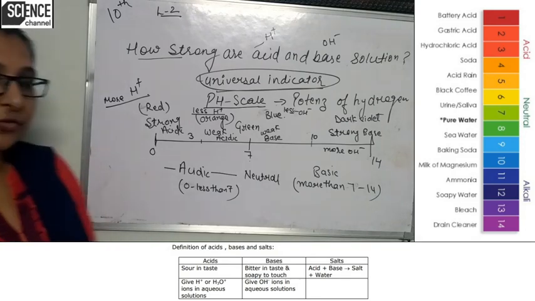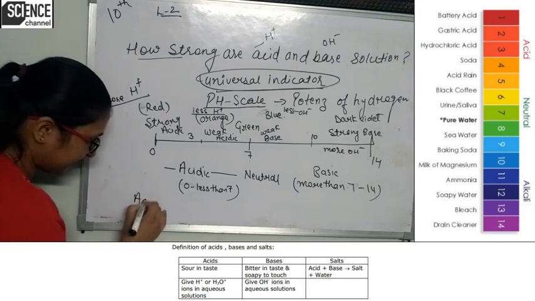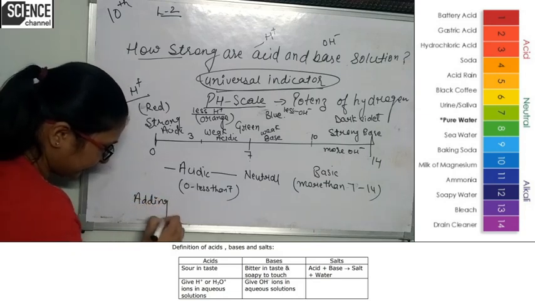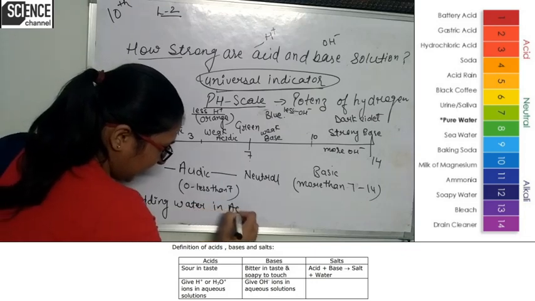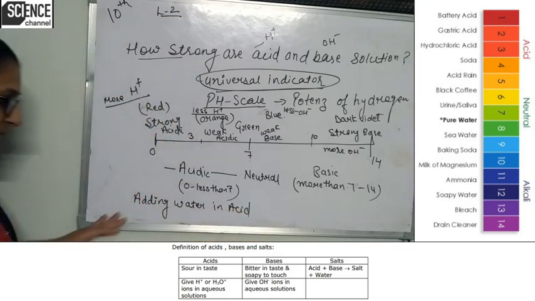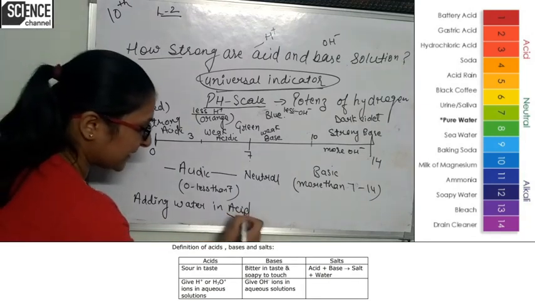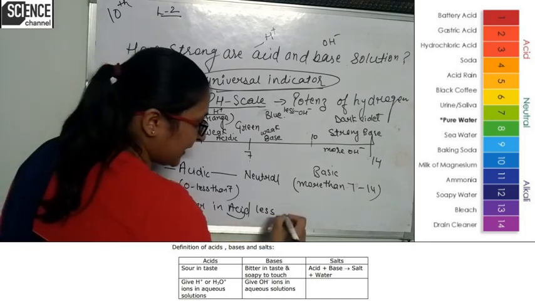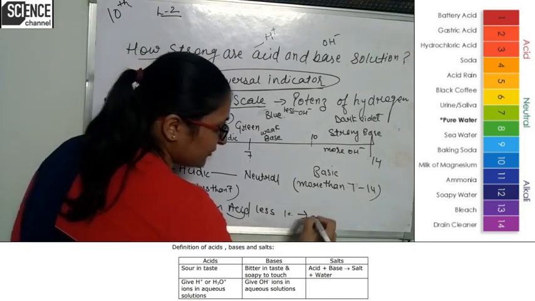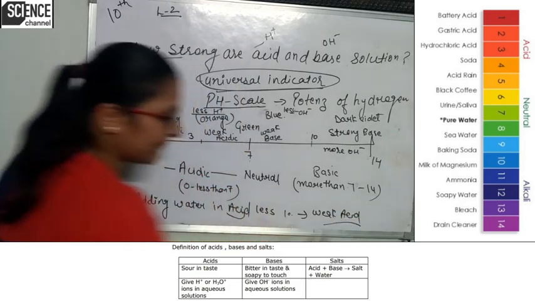Now, if I ask you a question, if we are adding water in acid, it means the amount of acid is less, but the water is added in a large amount, then the solution becomes a weak acid.